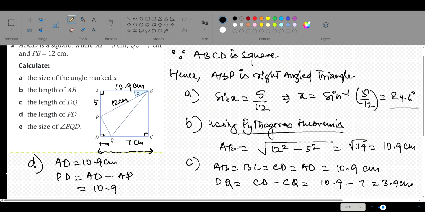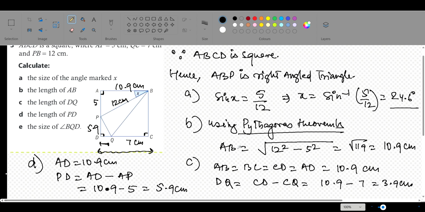AD, which is 10.9, minus AP, which is 5. So 10.9 minus 5, which is 5.9 centimeter. PD is 5.9 centimeter. Okay.